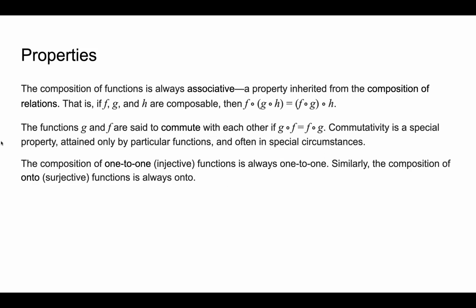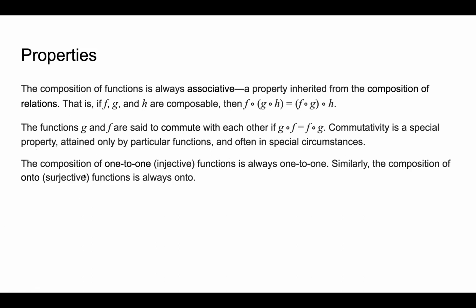Commutativity is a special property. It's not always true, but sometimes it is true. It is attained only by particular functions, often in special circumstances. Not all functions possess this commutativity.